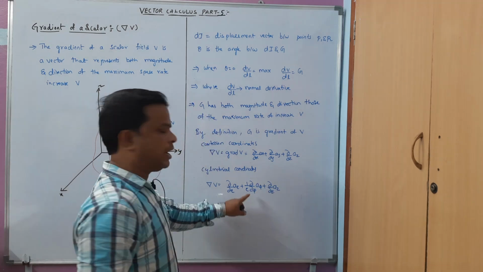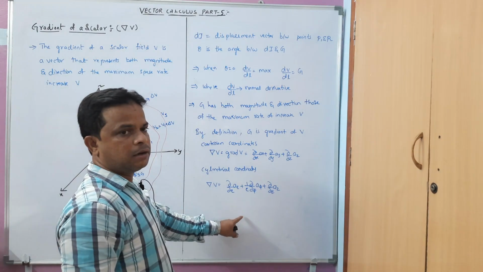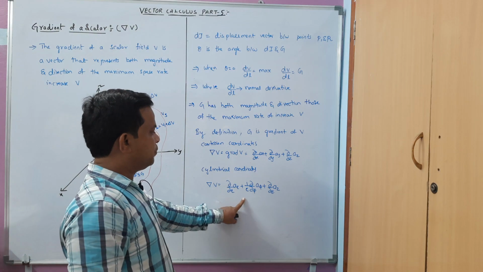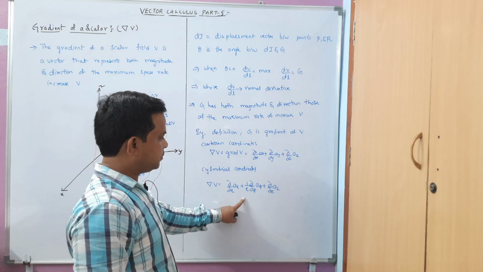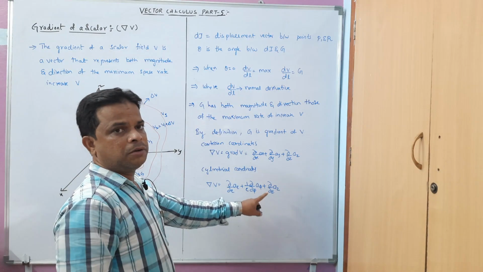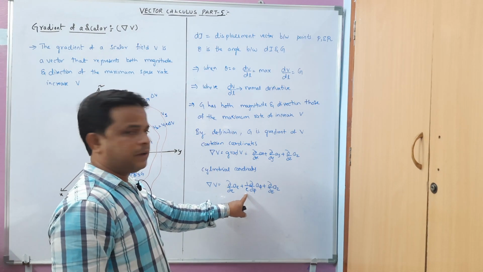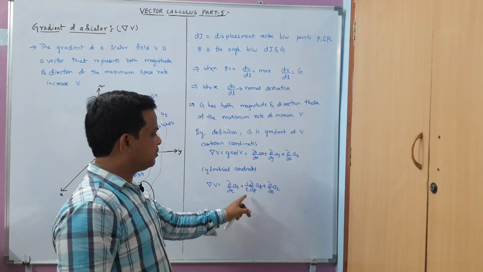The scaling factor goes in the denominator, as the differential displacement dl is d rho a rho plus rho d phi a phi plus dz az, so the scaling factor is rho, and we take 1 by rho.